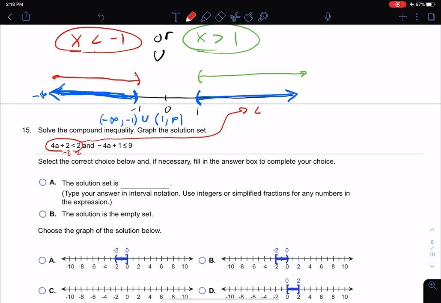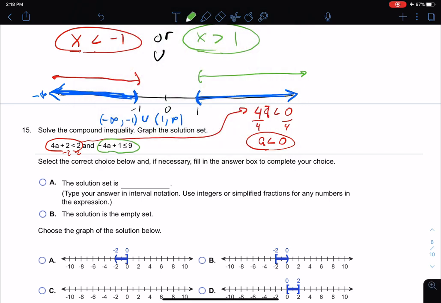So now that gives me 4a is less than 0, because I subtracted 2 from both sides. Then I divide by 4, and a is less than 0. Then I'm going to do the green equation.